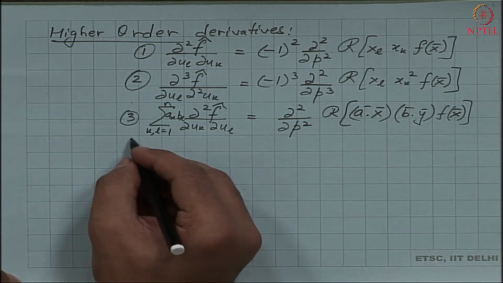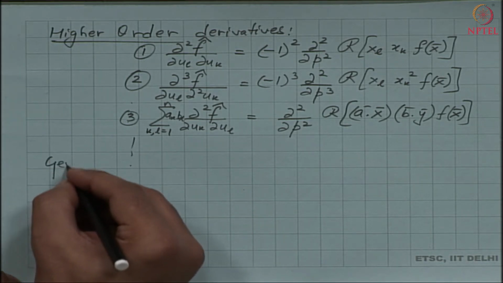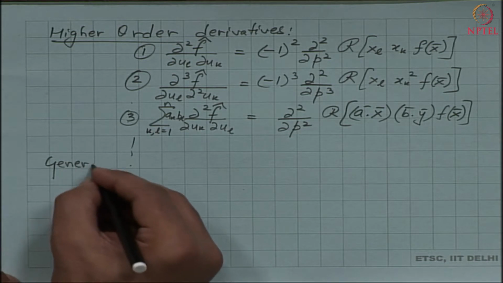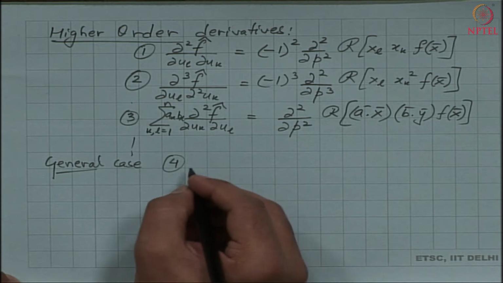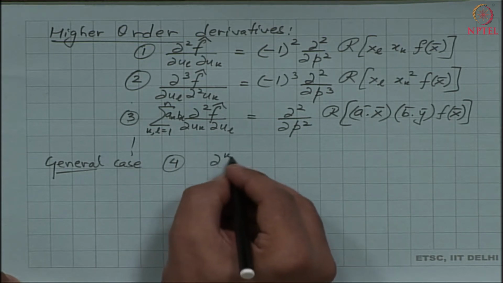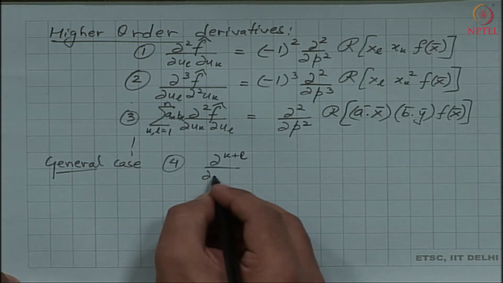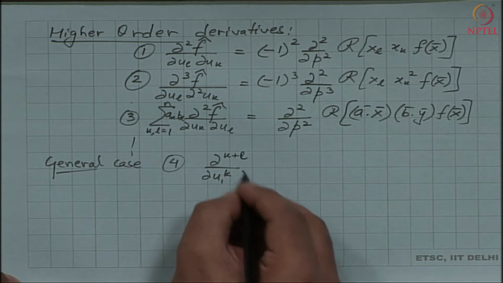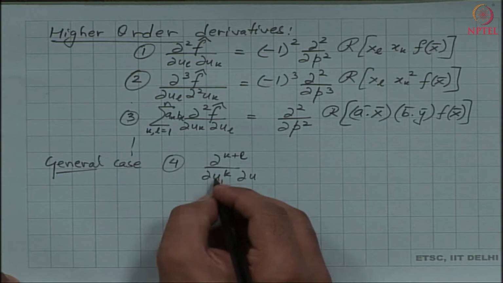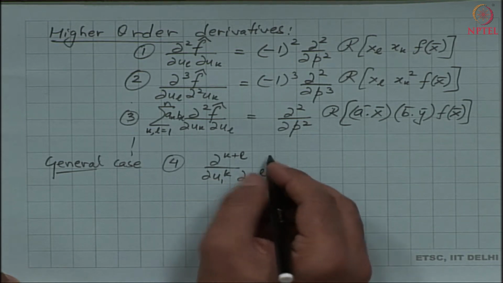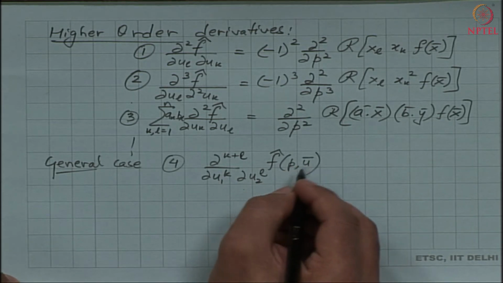Now, if we were to look at the general case, the general derivative of the general n dimensional function. So, the most general case is the (k plus l)th derivative. Let me say that this is the kth derivative with respect to u_1 and the lth derivative with respect to u_2 of the Radon transform of p comma u.